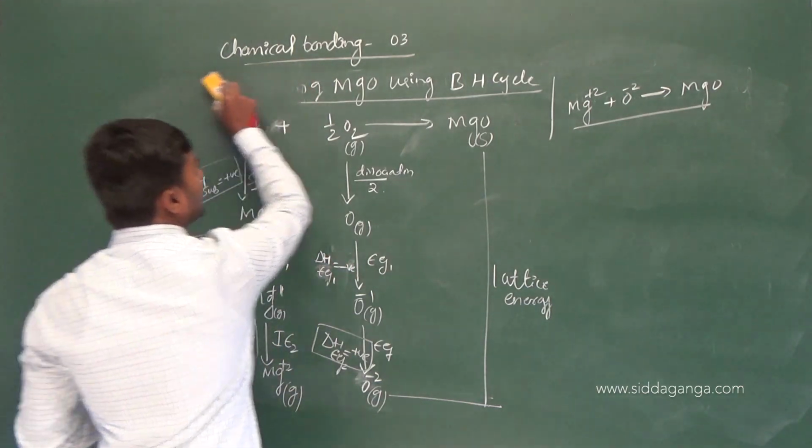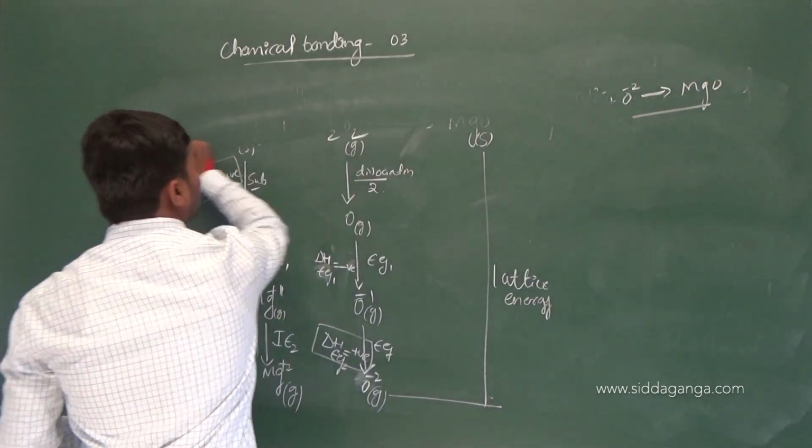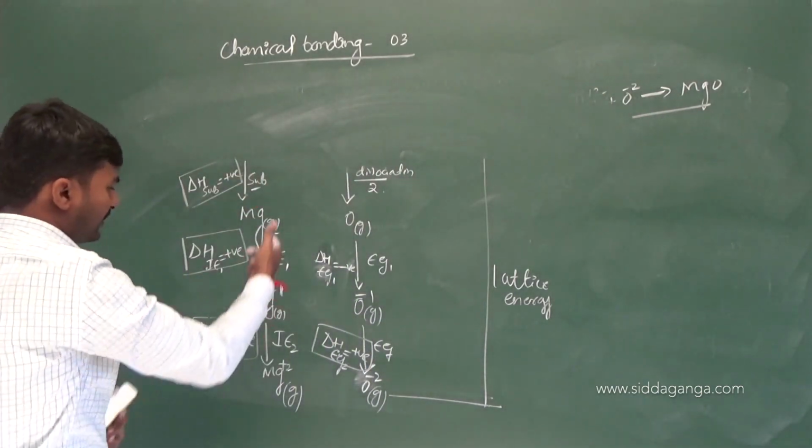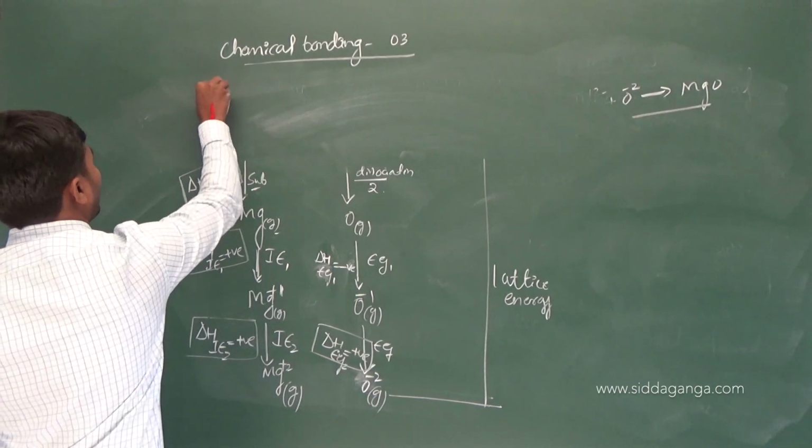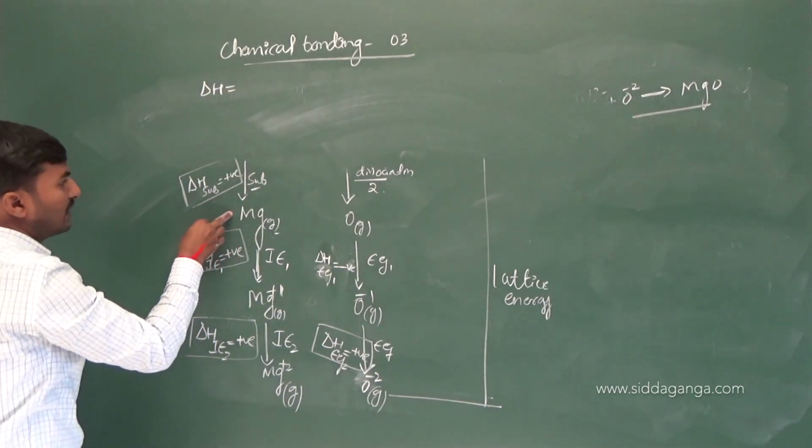Now how do we calculate the lattice energy for this system? Delta H is equal to, which is the first reaction here?